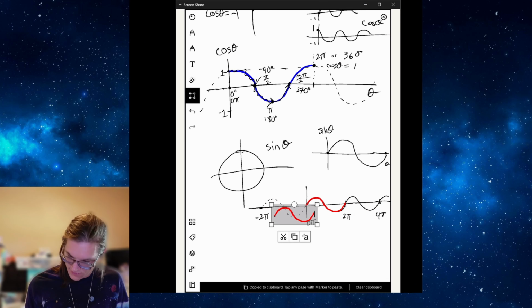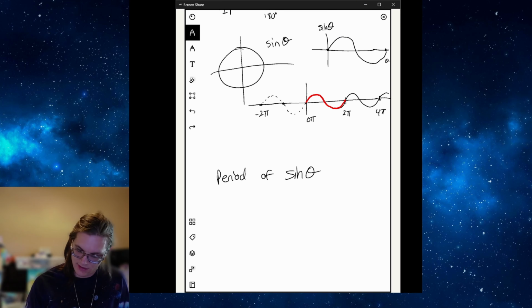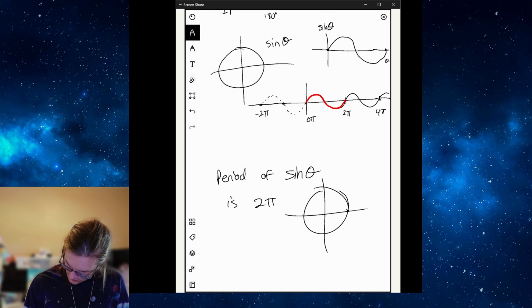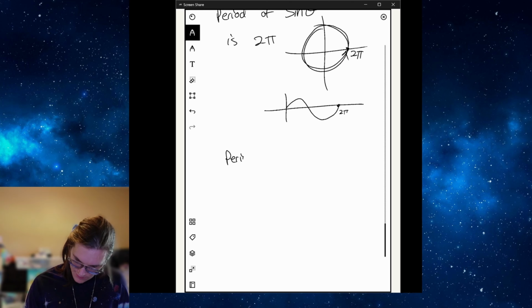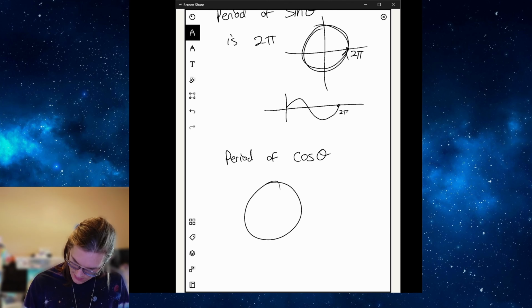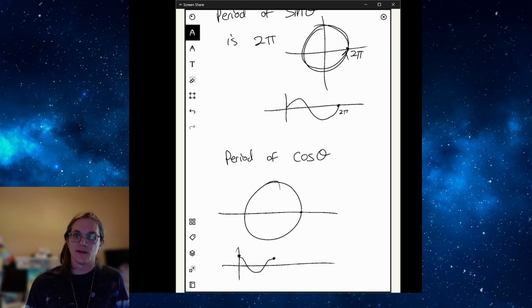It continues to repeat like that. The period of this function is 2 pi, one complete circle, or one cycle within this wave repeats at 2 pi radians. The period of cos is the same. Even though it starts at 1 here, a full cosine function is when you get back to here. So it's also 2 pi around.